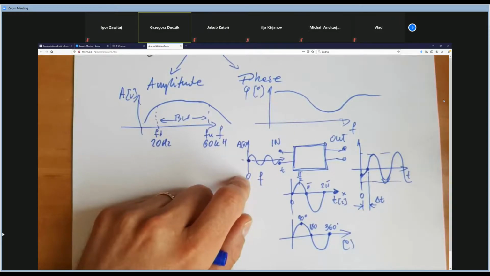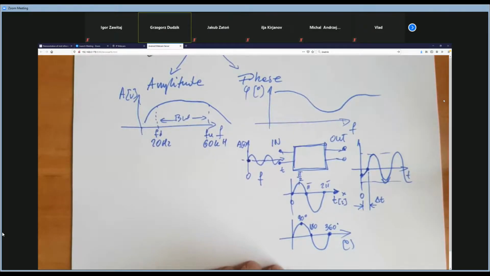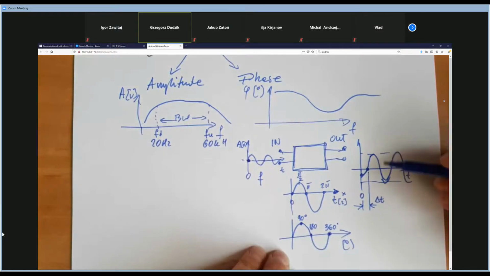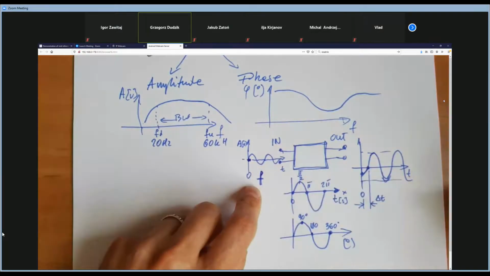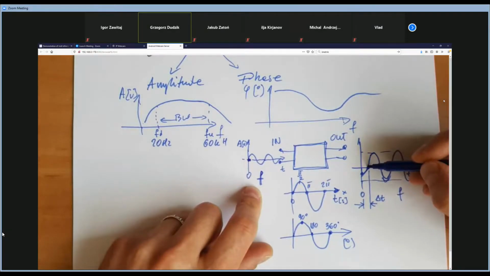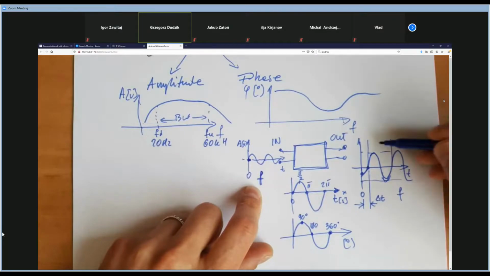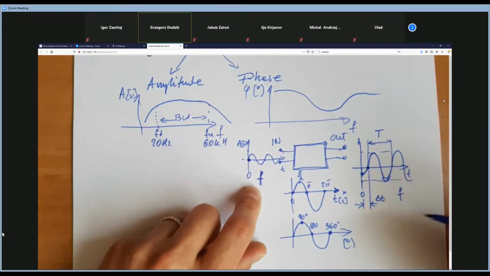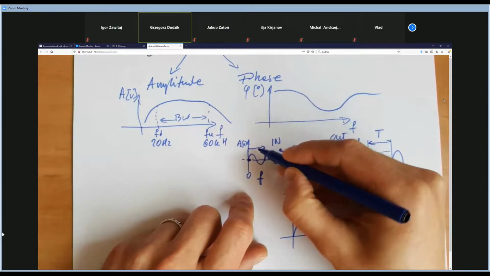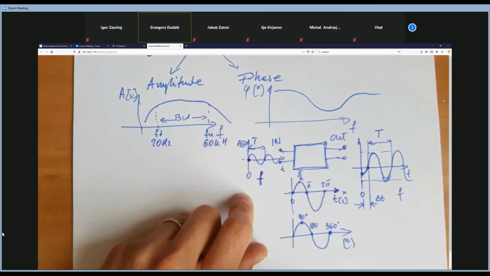How? Very simple. Look, because this is the frequency f, also on the output we will have the frequency f. So from here to here we've got the period T. This is the same period like here. That's right, because these are the same frequencies.